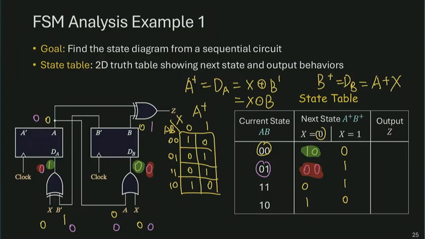For the B variable, that is A plus X, which means if you look at the right, I'll use a different color. Just 1 second. So the blue and green colors correspond to things related to B or B plus. And B plus will be 1 whenever X equals 1.